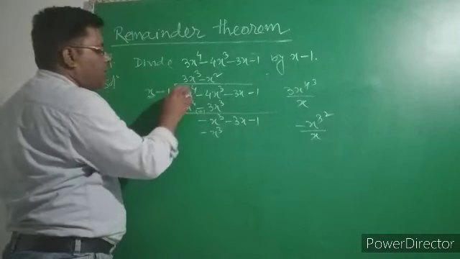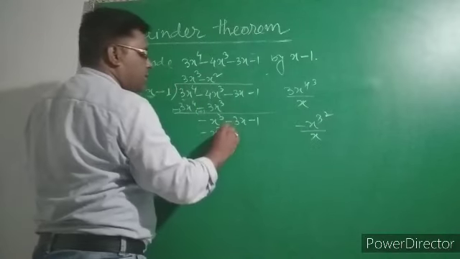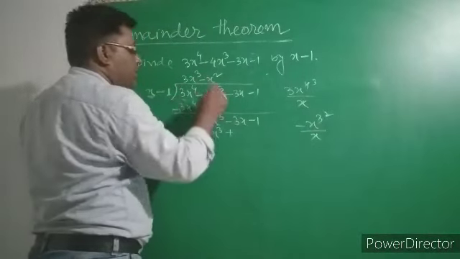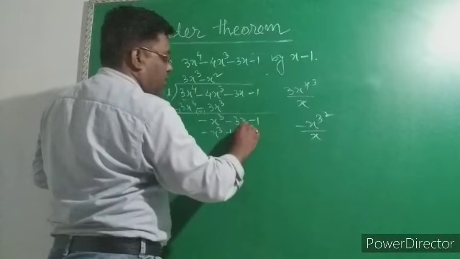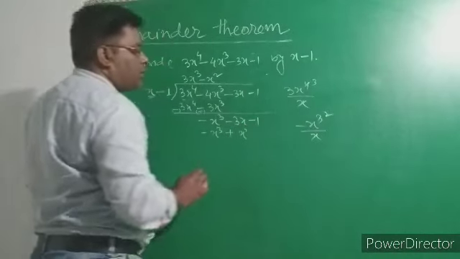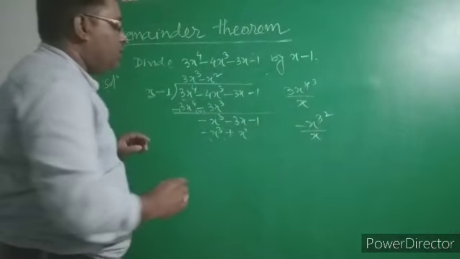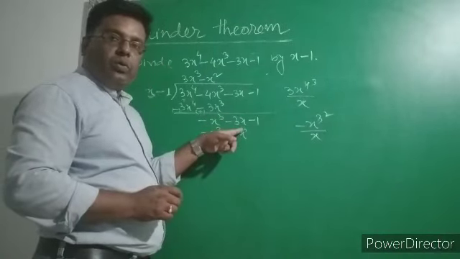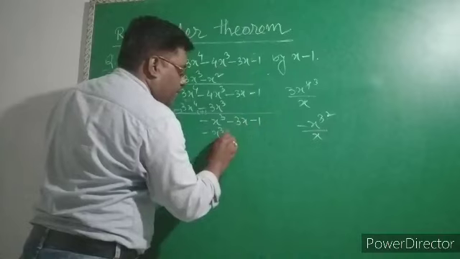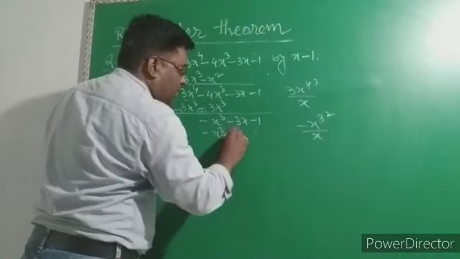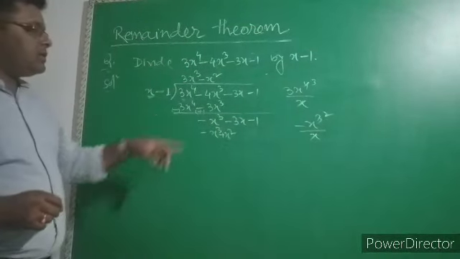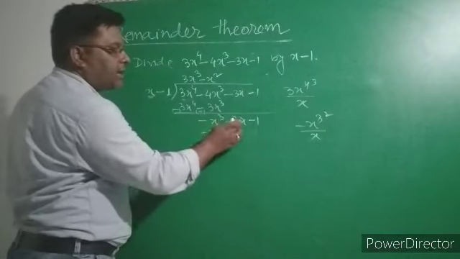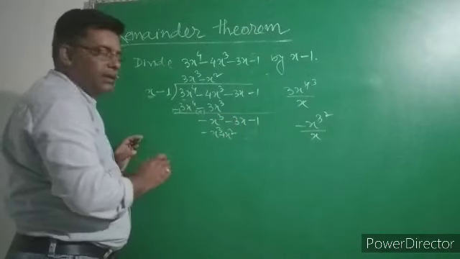That is minus 1 into minus x square, that is minus minus becomes plus 1 into x square. But here see, it's x only, no x square. So you have to write here plus x square, minus minus plus x square. That is between x cube and x, you have to write x square here.